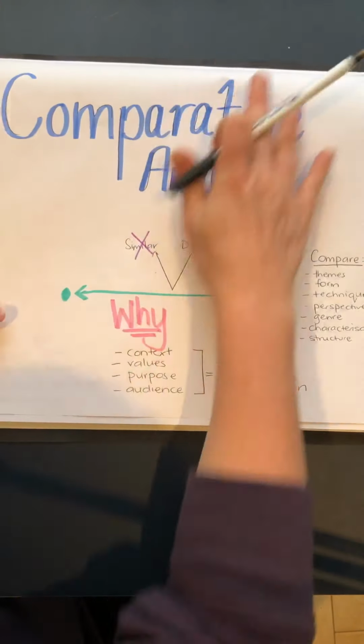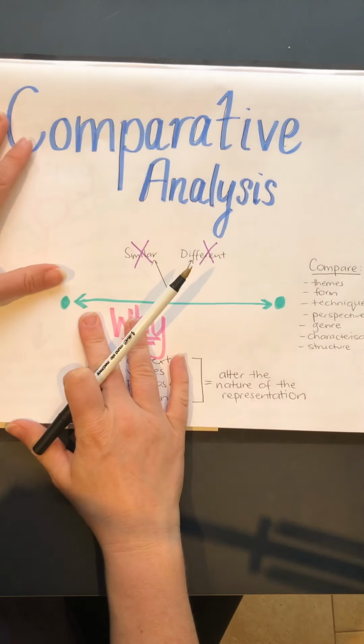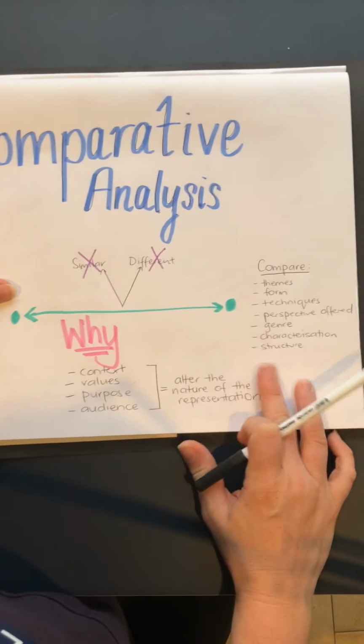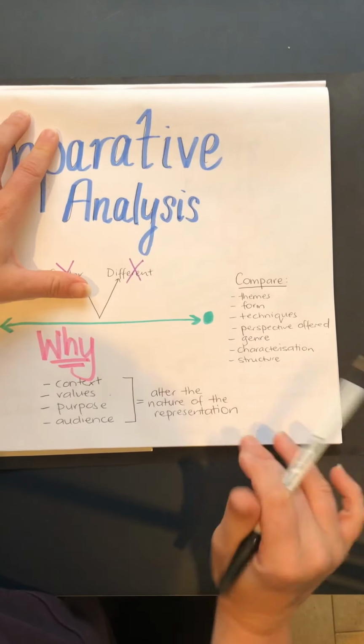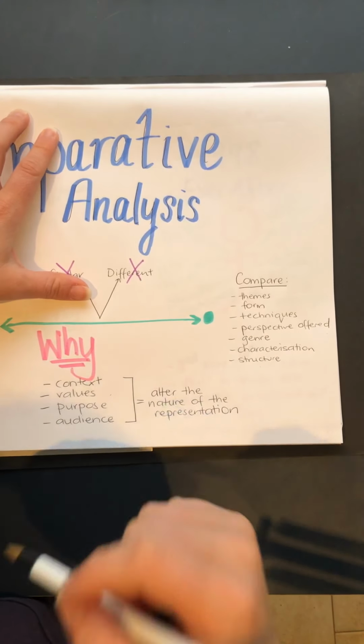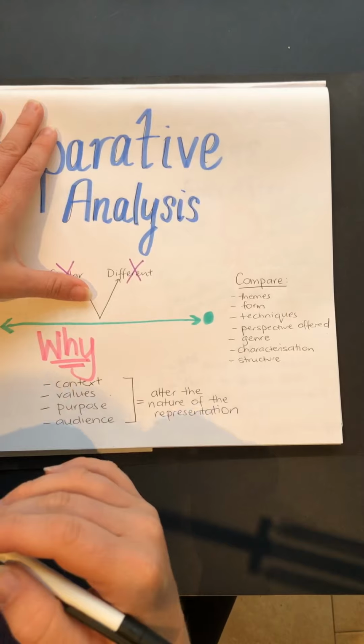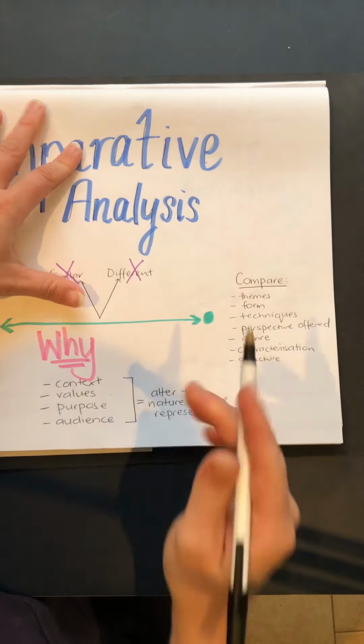Now, just to make things seem a little more interesting, you don't just have to stick to words like the same. We are looking at language which suggests some sort of shift or some sort of reshaping.